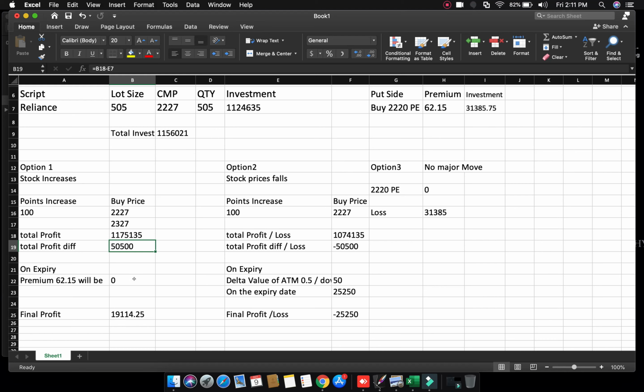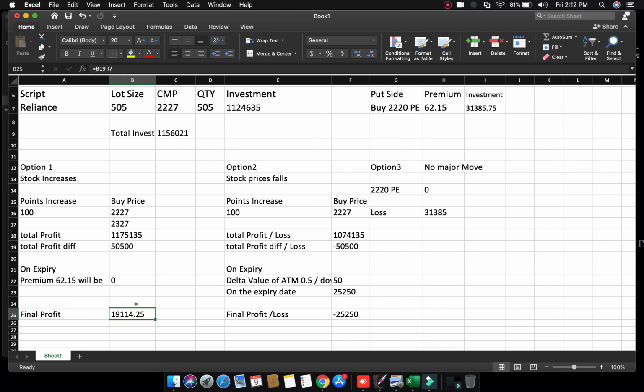On the expiry day it may come to 0. So now what is your profit? You take the profit from the long side, the stock, that is 50,500, minus your put side investment, 31,385. So right now your total profit is 19,114.